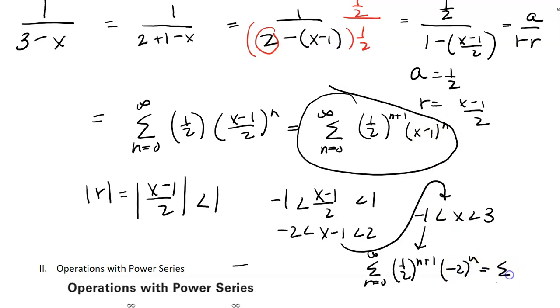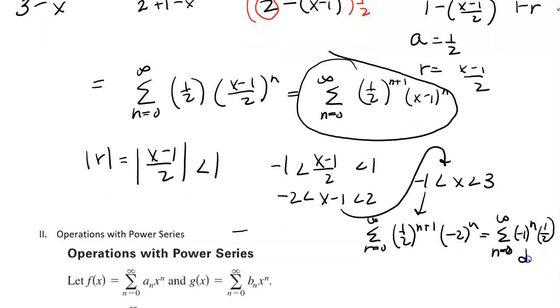And basically what ends up happening here is we have the sum from 0 to infinity of negative 1 to the nth power times 1/2, because the nth doesn't cancel out. And this one's going to diverge because it just keeps adding and subtracting the same amount.